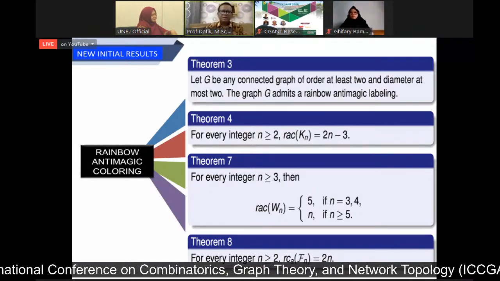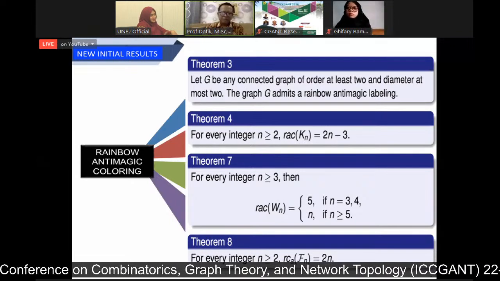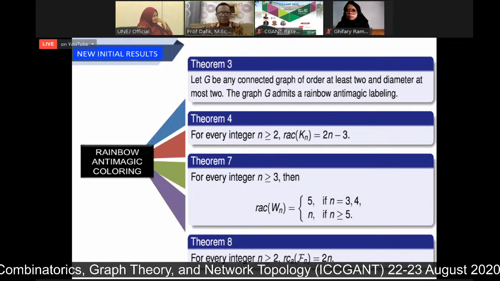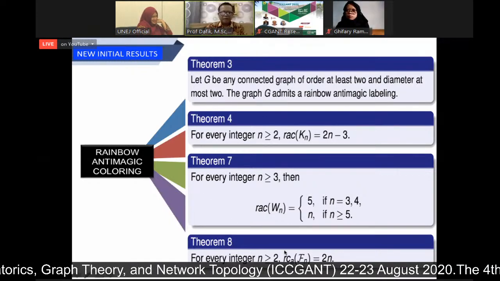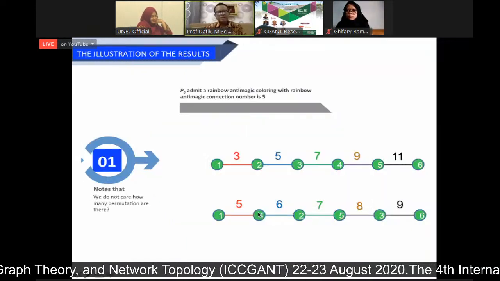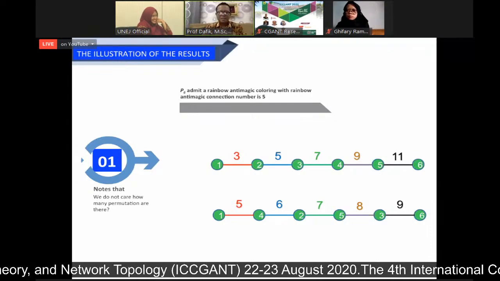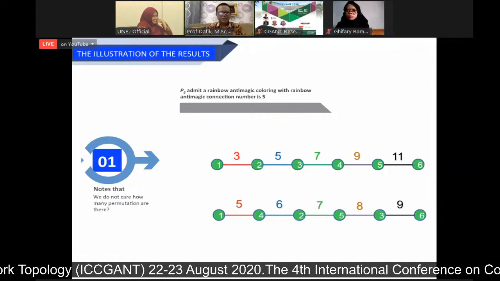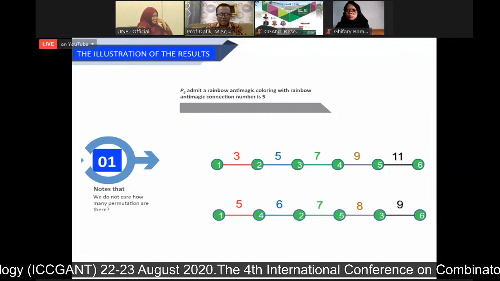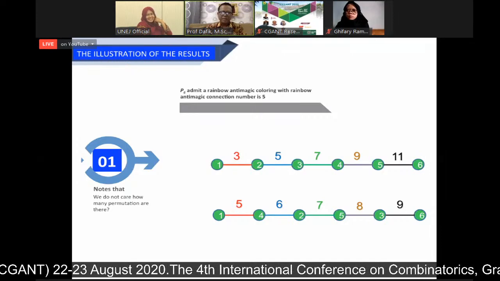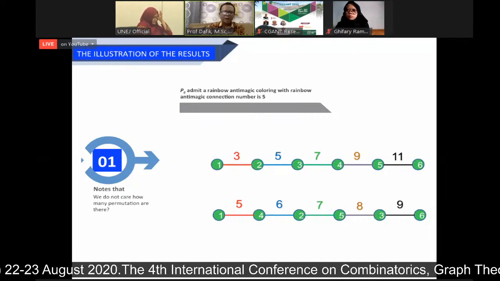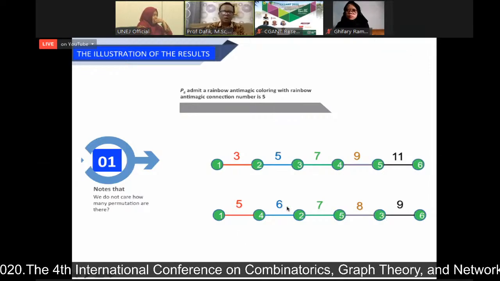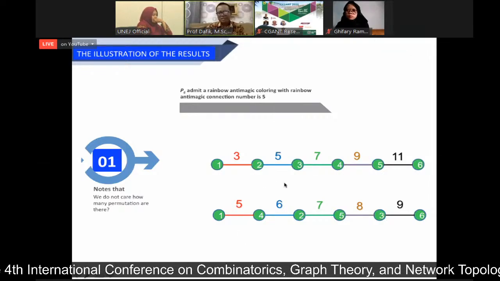And finally, we have a lot of generalizations as well. And hopefully, these manuscripts can be done in the near future. So this is the illustration of the result of the rainbow anti-magic label. It is not considered total yet because we only assign the label on the vertices.